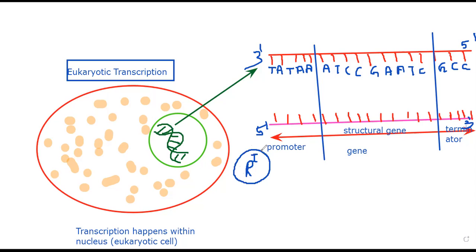Now what will happen? This enzyme came in front of the gene. Now it will go to the gene's promoter region, the TATA box, right? But can it go on its own? Because in prokaryotic transcription, there was one factor, sigma, which was helping the enzyme to go to the promoter box. But here will the same thing happen? No. Here, RNA polymerase 1 is capable of going on its own.